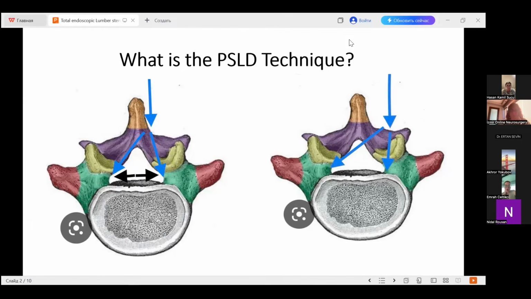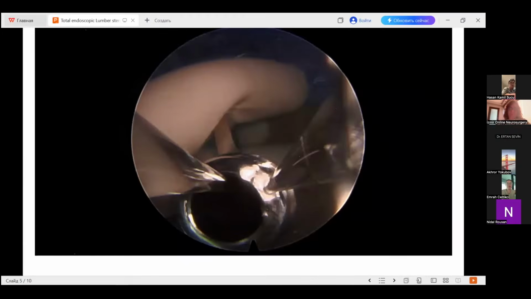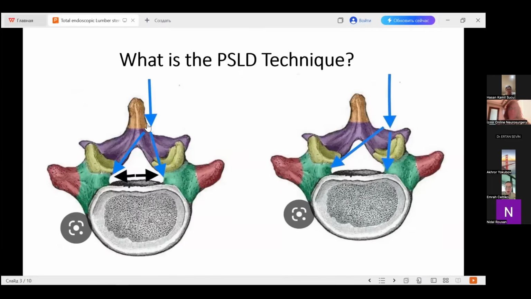Not visible, unfortunately. Professor Hassan, maybe we can continue, and after the presentation, when Dr. Akhror stops sharing the screen, he might be more visible.